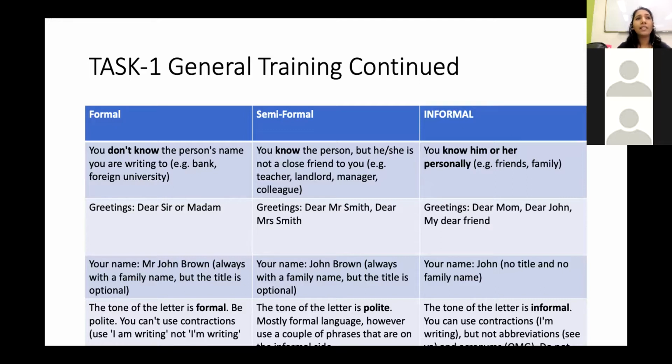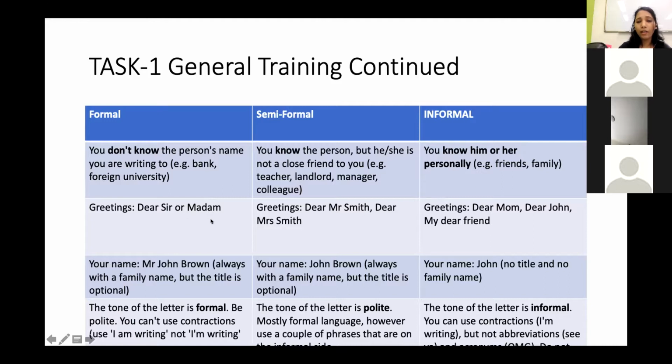I've seen letters where students write to whomsoever it may concern. Please don't use such language. Even though you're writing a letter of complaint, or even though you're indignant at something, you will still address the person as dear sir or madam.